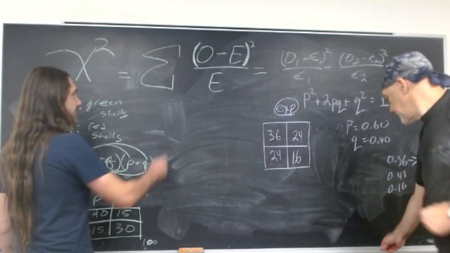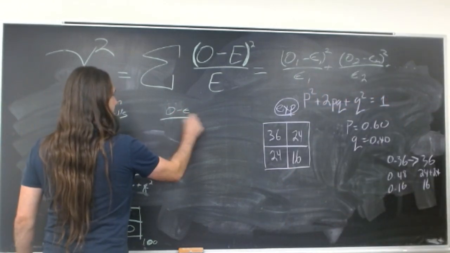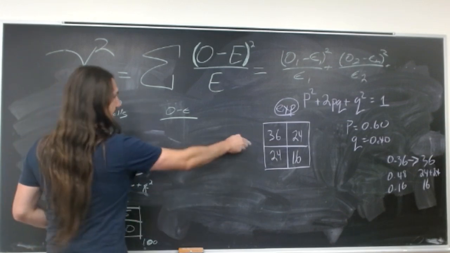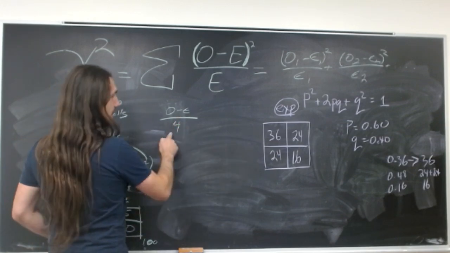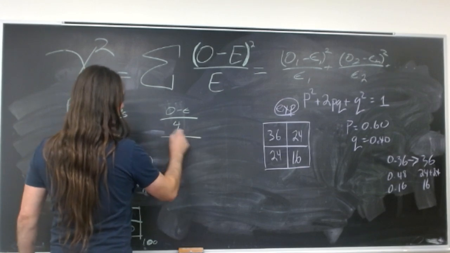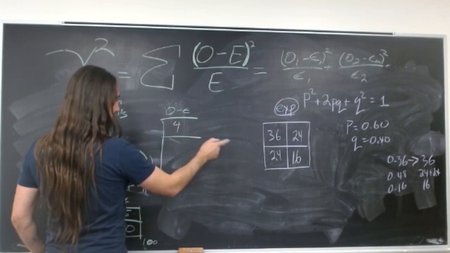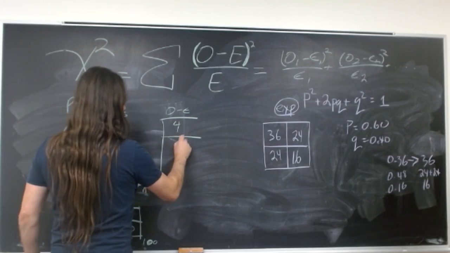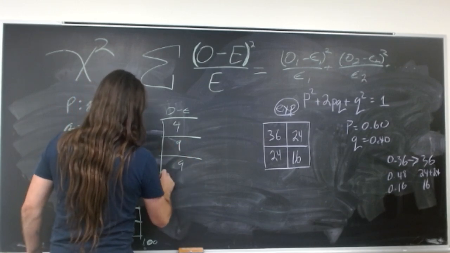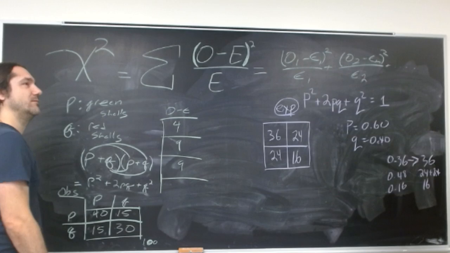Yeah, so we'll set it up the same way. So O minus E will go 40 minus 36. And then here we have O minus E, so 15 minus 24. 9. Thank you. 9. And we're ignoring the negative because we're going to square these away.